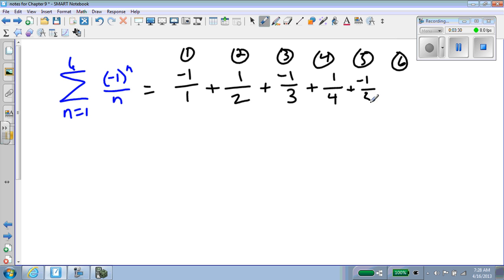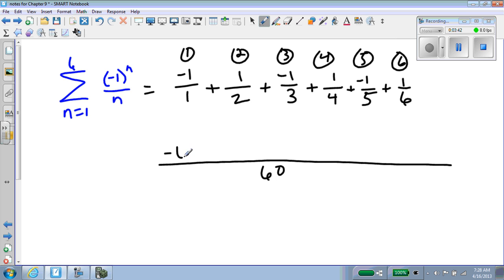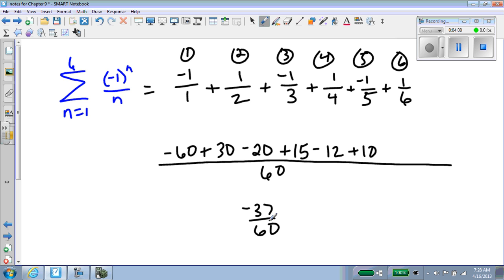Negative 1 over 5. Positive 1 over 6. Common denominator, I think, is 60. So we have negative 60 plus 30 minus 20 plus 15 minus 12 plus 10. And we get, I believe it's negative 37 over 60, if I did the problem right in my notes.